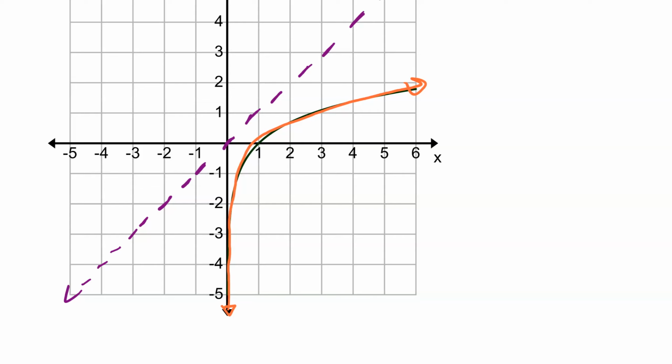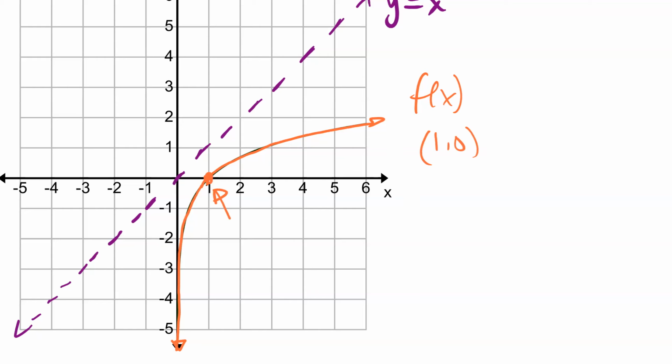So I have a point right here, 1 comma 0. This point right here, I'm just going to have to tell you what it is. This is 2.7 comma 1.